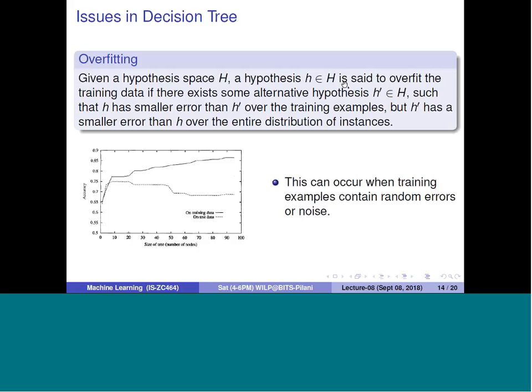Overfitting says that, given a hypothesis space H and a hypothesis h, we say that h is overfitting when on the training data h is good, but on the testing data some other hypothesis is good, although that one is not good on the training data.